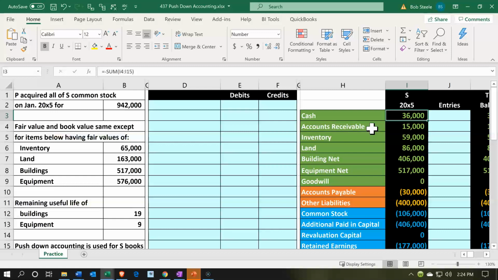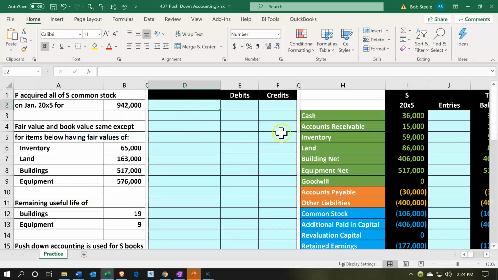So we're going to revalue these accounts for S. We said here that these are the values that we believe the accounts are worth, and we're actually going to adjust S's books to the fair value at the point in time that the purchase took place. So let's consider that transaction.